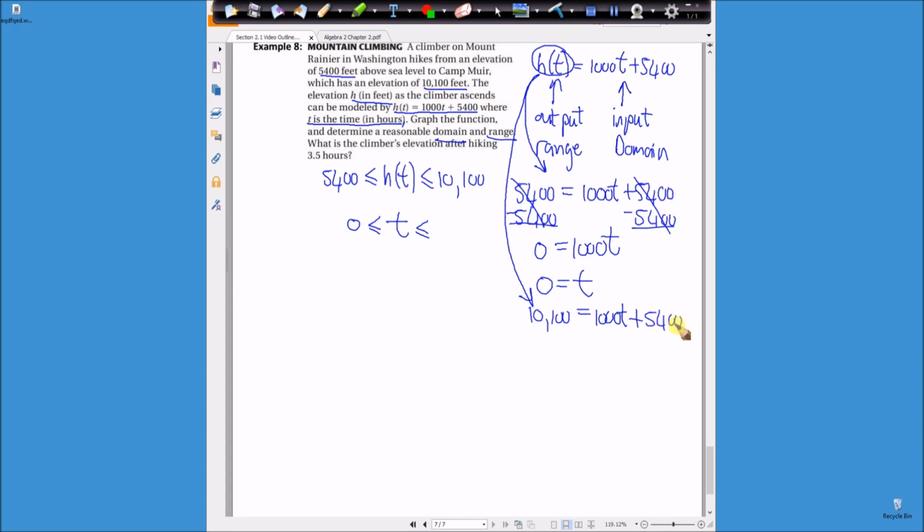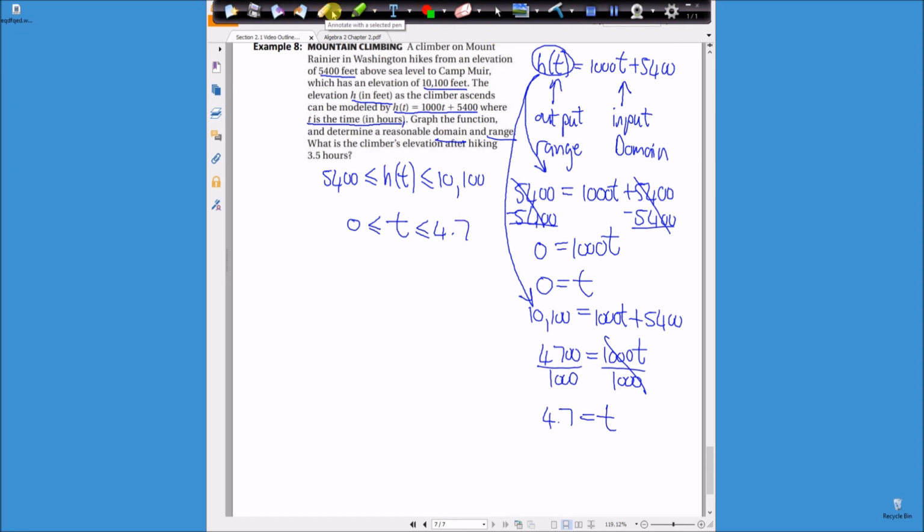Now I'm solving this. You take away 5,400 from both sides, and you get 4,700 equals 1,000t. Divide by 1,000, and t is 4.7. So the upper extreme is 4.7.